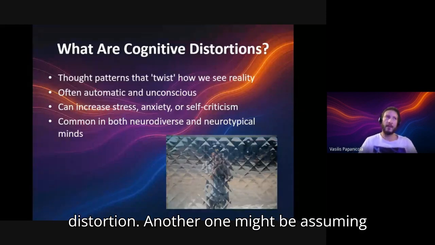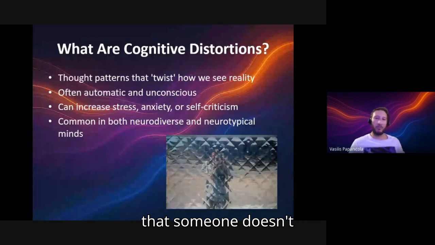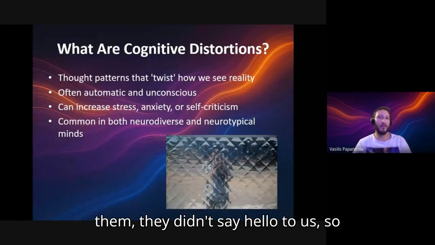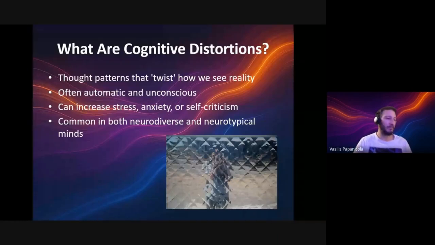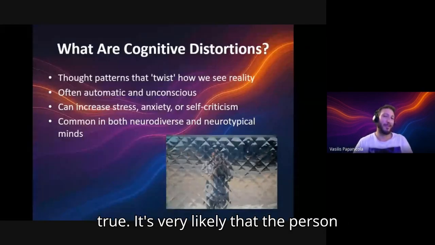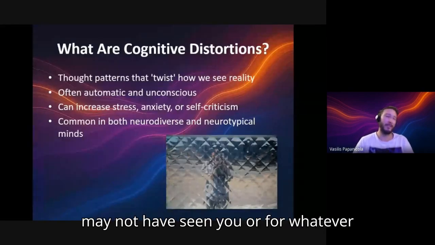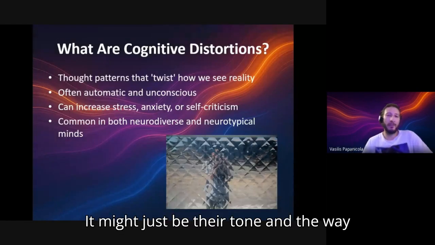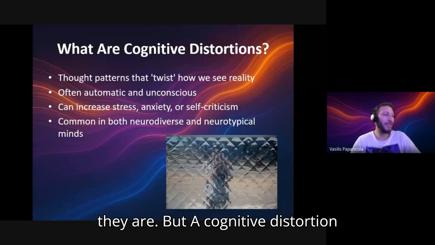Another one might be assuming that someone doesn't say hello to us. For example, we've seen them, they didn't say hello to us, so that means that they don't like us. That's a cognitive distortion. And we know that that's most of the time not true. It's very likely that the person may not have seen you, or for whatever reason, they might be having a bad day. It might just be their tone and the way they are.